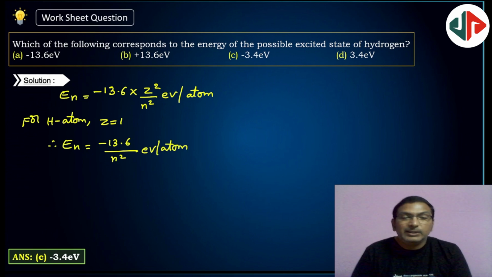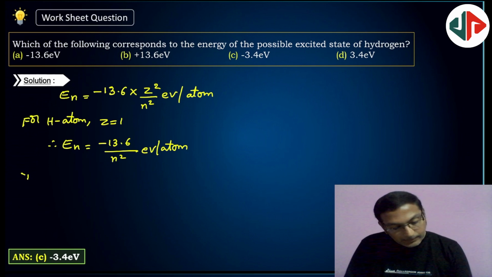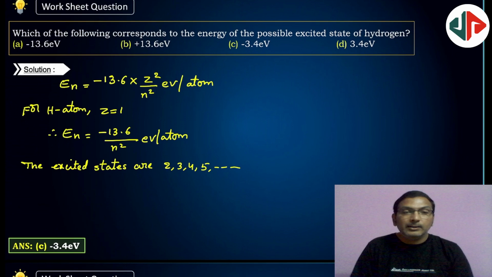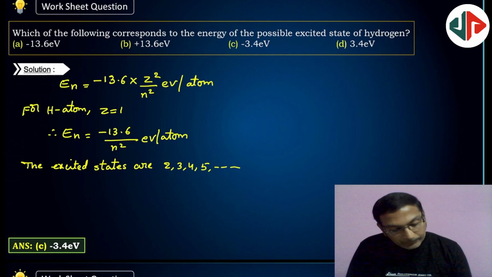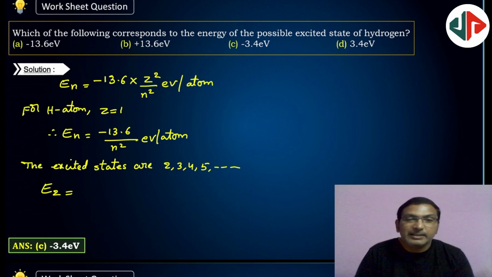So in case of hydrogen, the excited states are n equal to 2, 3, 4, 5 and so on. Here I am taking the minimum value. Consider E2. E2 is the first excited state. E1 is the ground level, that means the energy of the ground level.